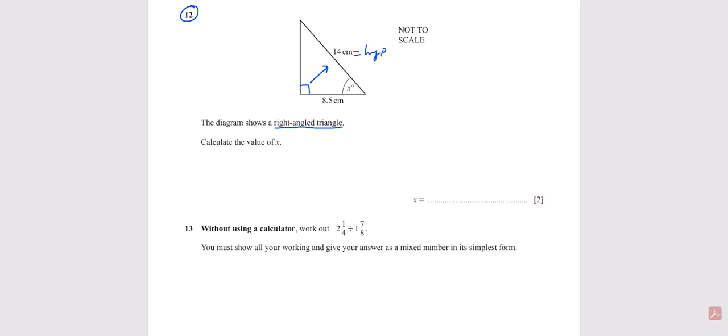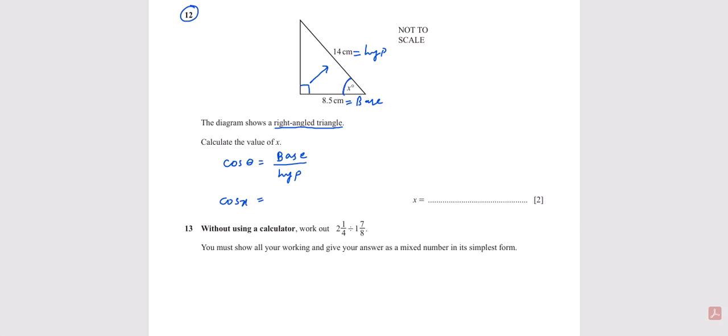So this one is the hypotenuse and this one is the base. We have to find this one, X. We use the formula cos theta is equal to base over hypotenuse.